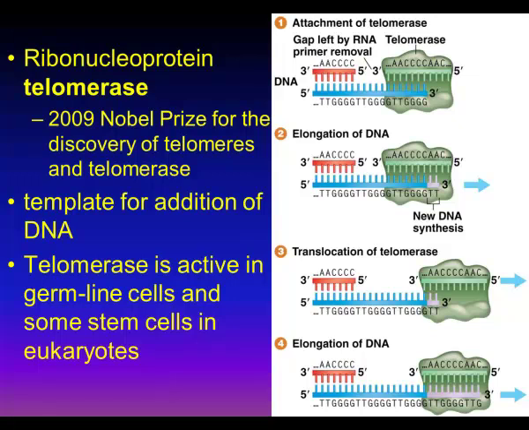The discovery of it was actually the basis for the awarding of the 2009 Nobel Prize. It's very interesting because the RNA part of telomerase actually serves as a template for the addition of DNA to the end of the chromosome, and the protein part of this enzyme actually catalyzes the formation of phosphodiester bonds. I don't want to go through the mechanism in an extreme amount of detail here.